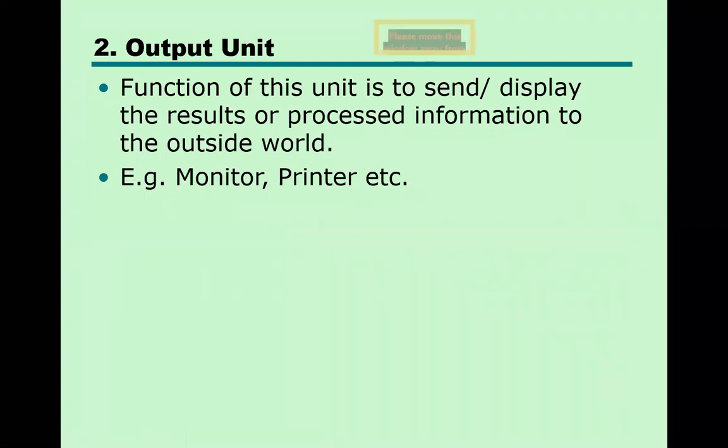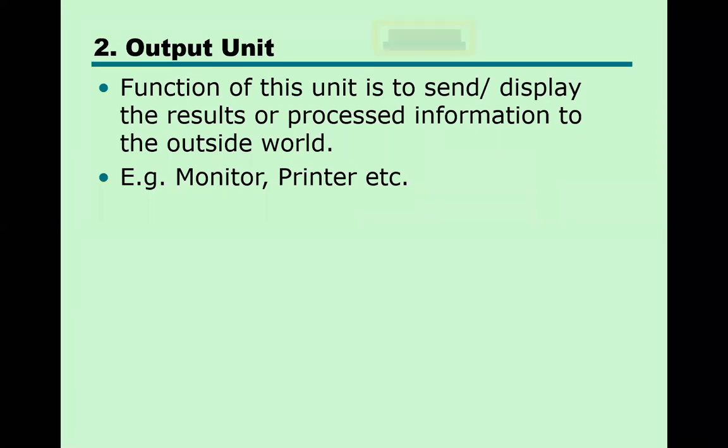The second one is the output unit. By the name you can easily understand that it is the unit through which you get an output. It could be the monitor or the printer. The function of this unit is to send or display the result of the processed information to the outside world.